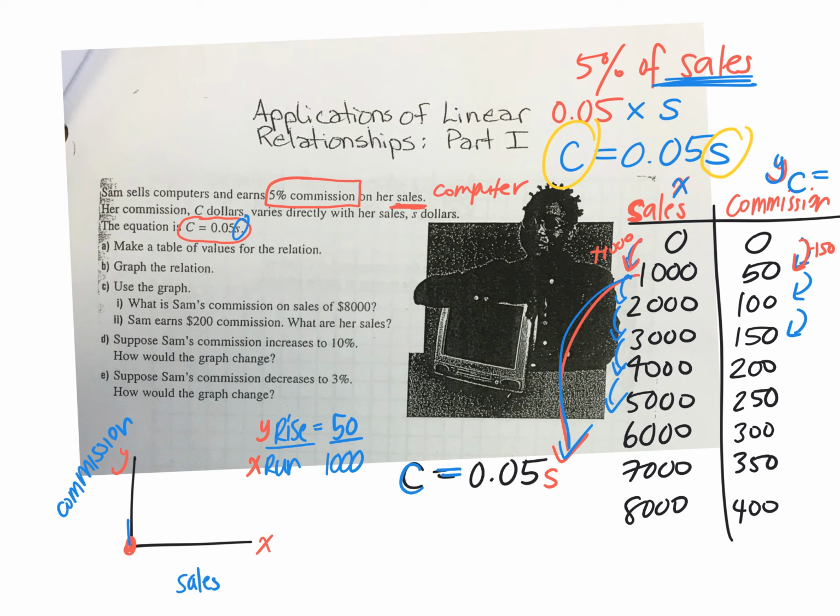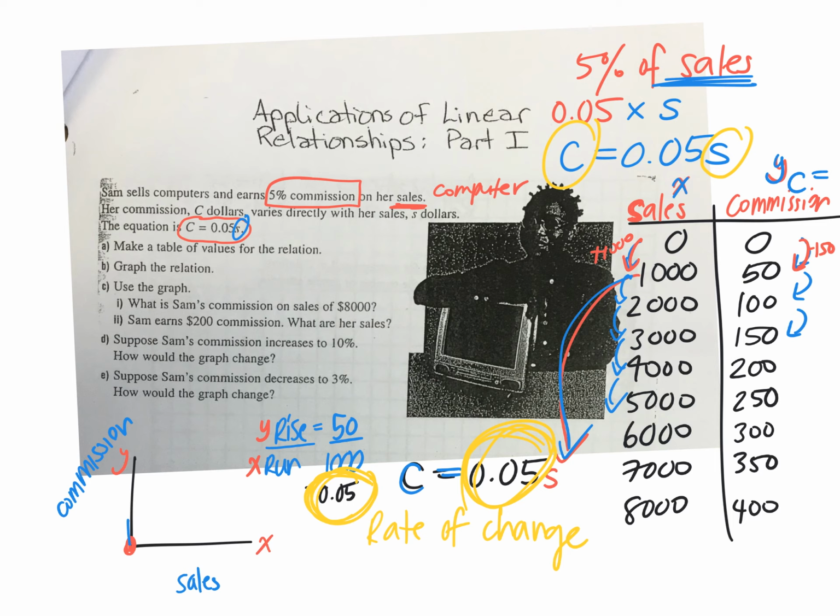What's 50 divided by 1,000? 0.05. Do you notice something here? The slope was 0.05, and in my equation I had 0.05 next to the variable. Remember we talked about this? That's the rate of change, and that's the slope.